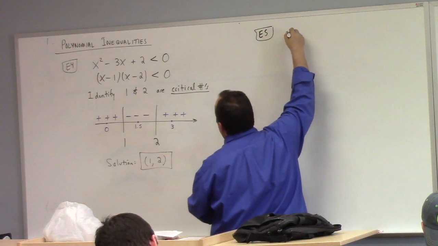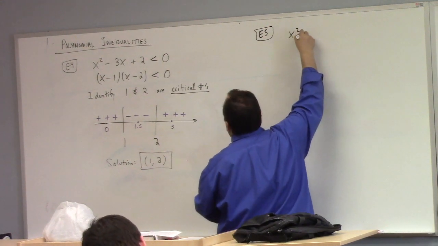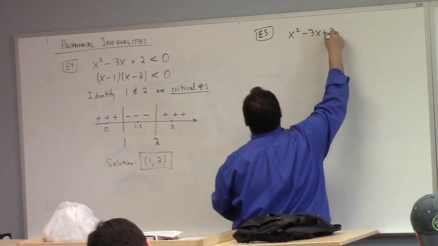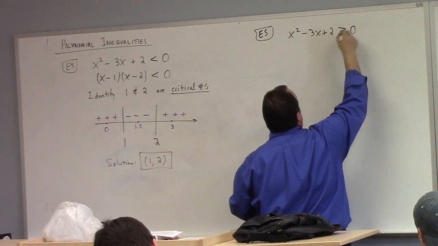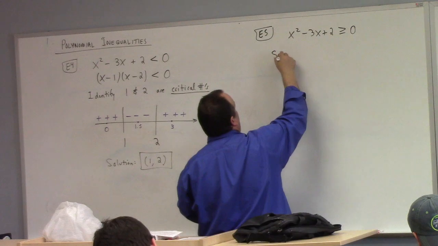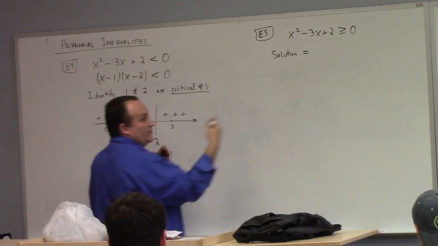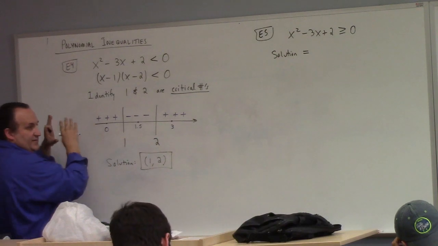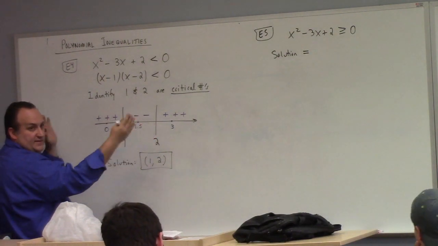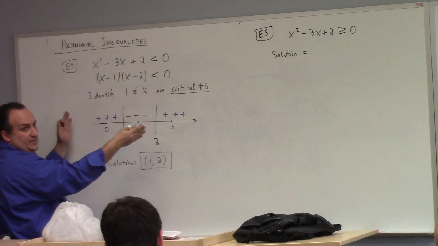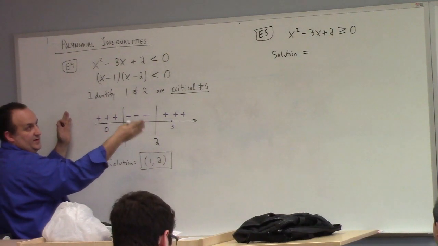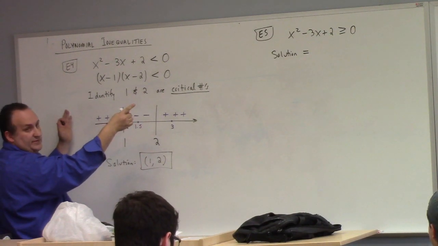Same expression, this time x squared minus 3x plus 2 greater than or equal to 0. What's the solution? Look, I don't need to do more work. I already have this right here. This has the answer to my next example. Can you guys tell me what it is? When is x squared minus 3x plus 2 greater than or equal to 0?